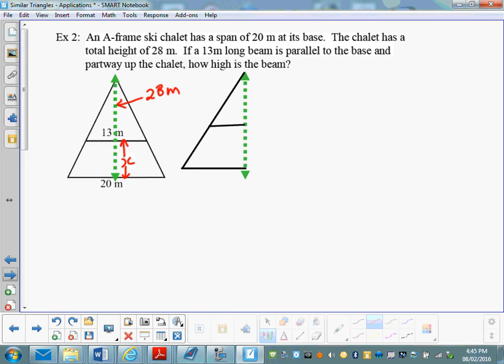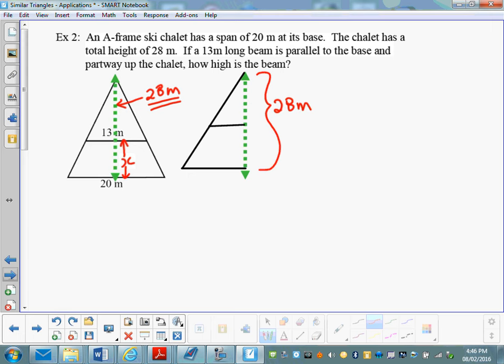Now I'm going to assign some letters to this, but before I do that, you can see that over to the right here, I've cut that A-frame triangle in half. And the reason I've done that is because we're given this 28 meters, and this green line here is 28 meters. So I need that to be part of my similar triangle.